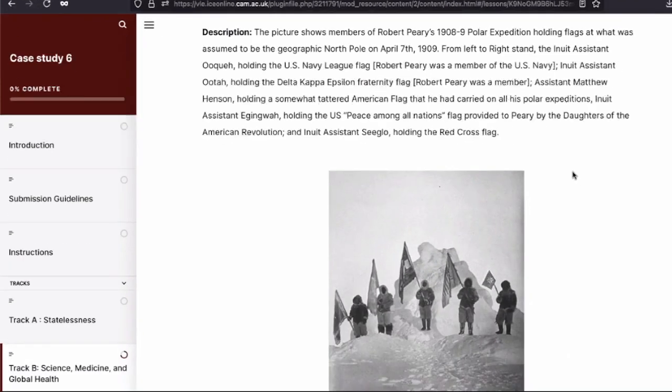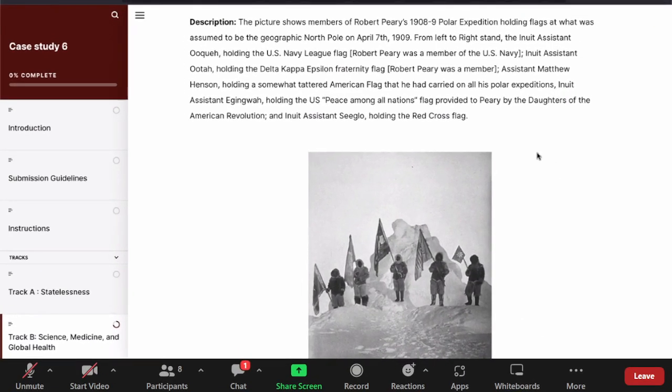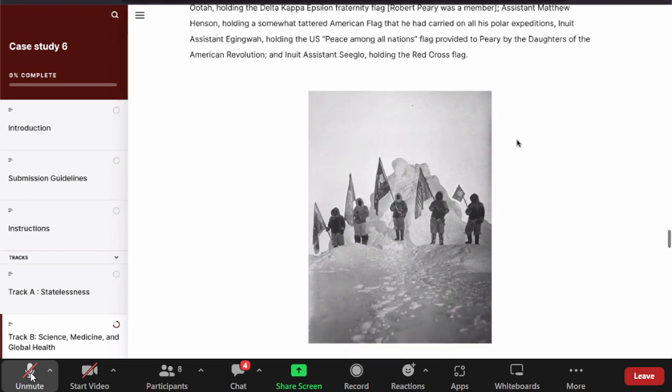Yeah, they are under Peary. Yeah, there's no equality at play there. They have to listen to him. So is it really showing their contribution? I wouldn't necessarily say it's showing their contribution. Possibly forced. We don't know if they were forced. Yeah, small mercies. At least he showed their faces, I guess.